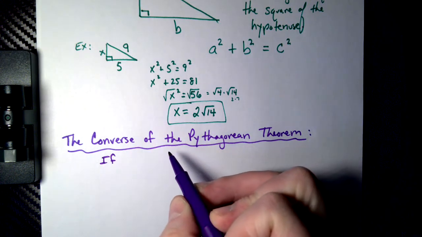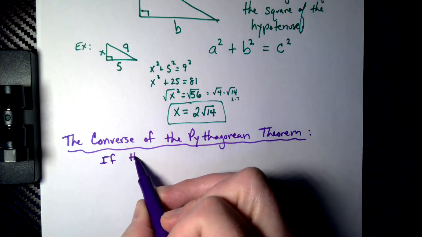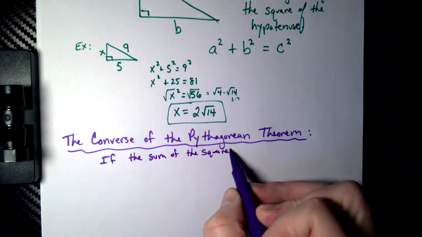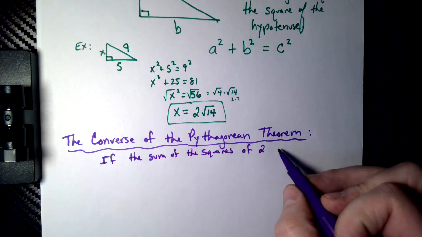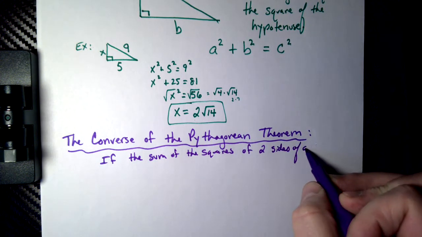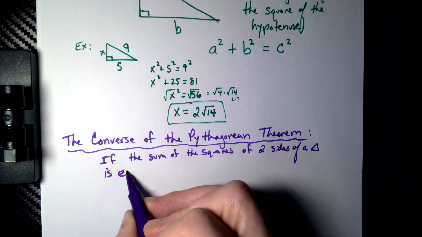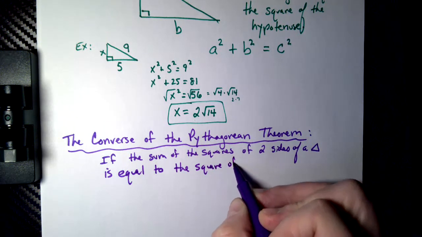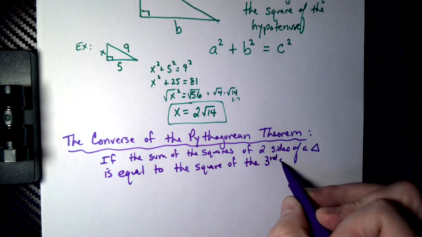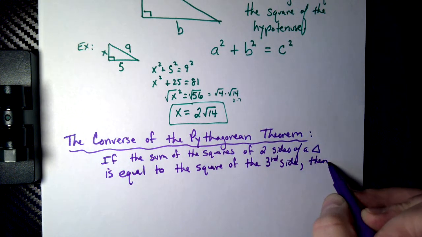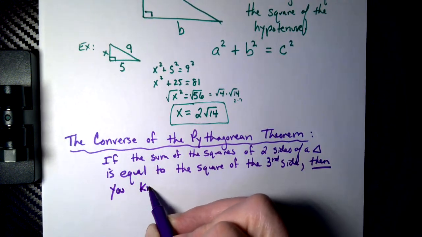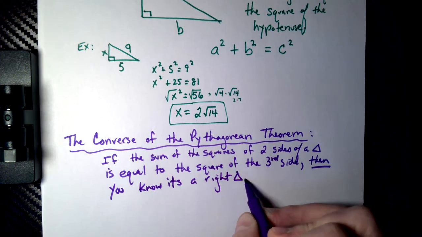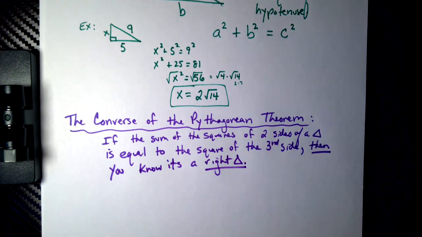If the sum of the squares of two sides of a triangle is equal to the square of the third side, then you know it's a right triangle.